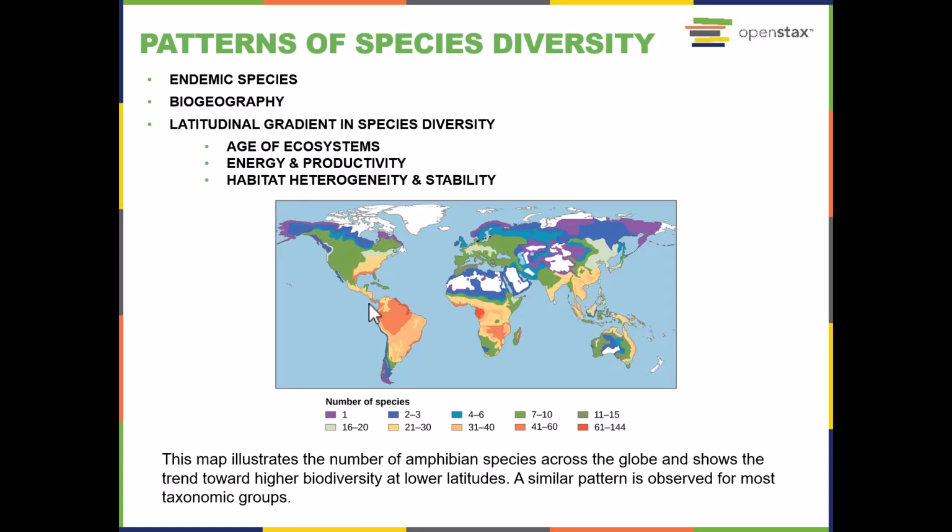And we also have more stability. These ecosystems that are in this area, because of the productivity, they're very stable environments. And they have very complex and stable food webs. That stability then also perpetuates more speciation. These are just a few of the hypotheses as to why we might see more species at the equator. And it also lets us know why we need to protect that area because of that high species diversity.